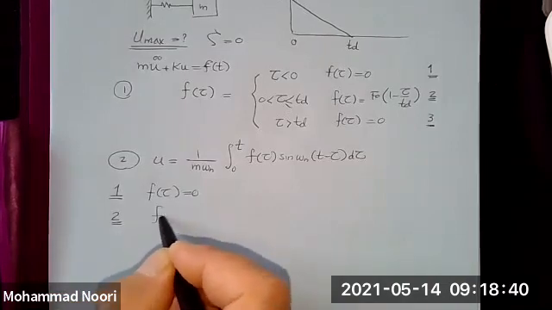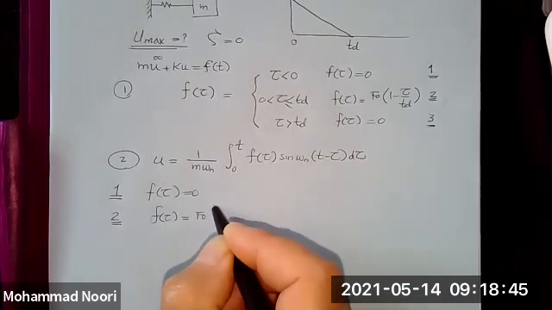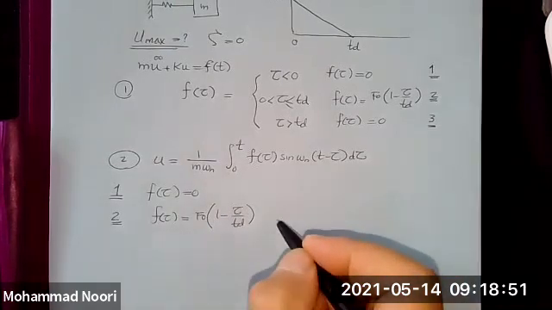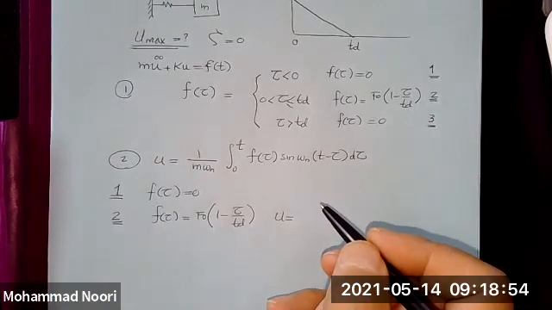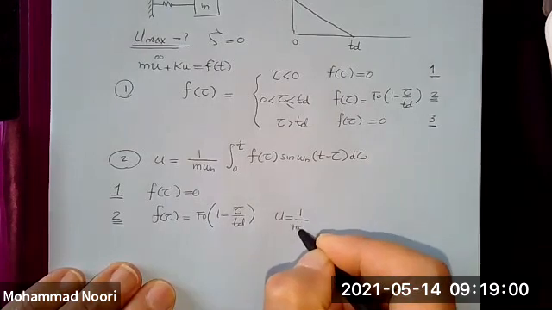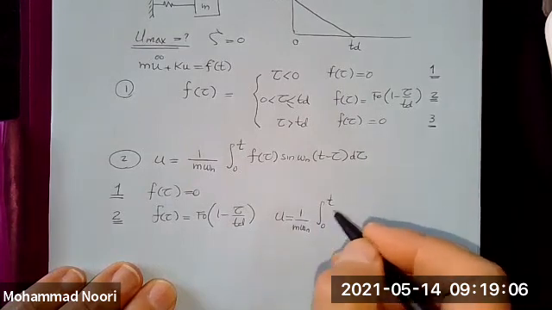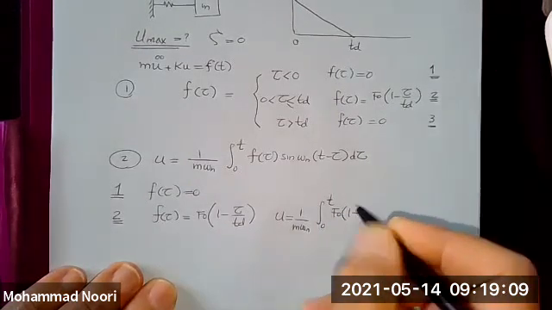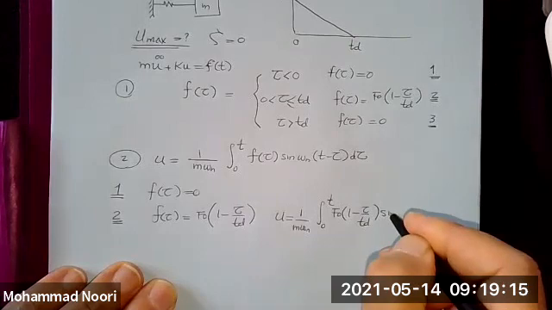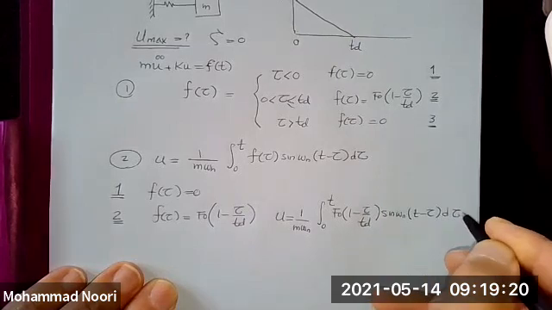Case two, f of tau is F naught times 1 minus tau over t_d. So the response that you need to evaluate would be 1 over m omega n, integral from 0 to t of F naught times 1 minus tau over t_d, times sine omega n (t minus tau) d tau.